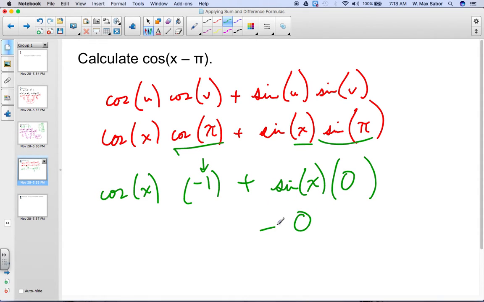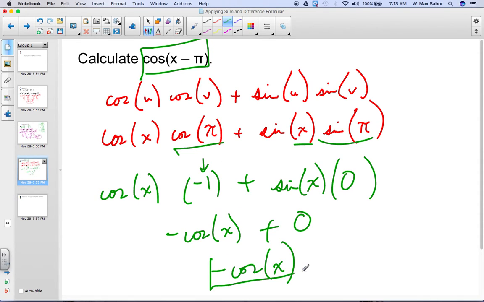So this is 0 plus negative cosine of x. So this equals negative cosine of x. And that's what we figured out before when we said, okay, if I take this, shift it right by half a period, it will become the same as the reflection. But here's an algebraic way of showing it.